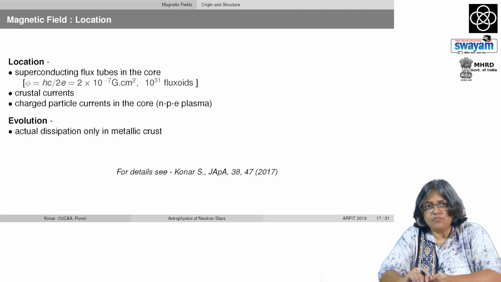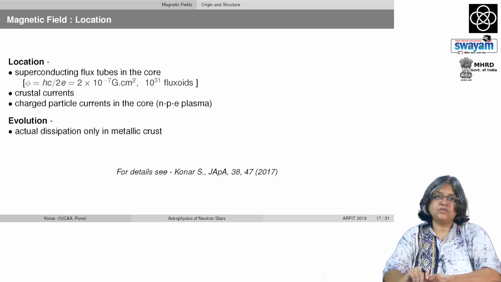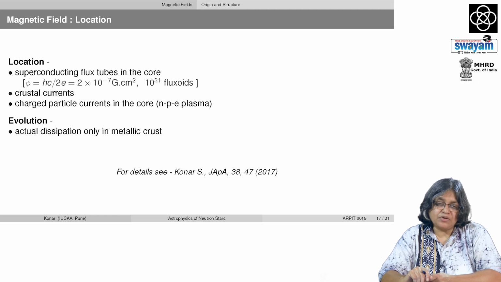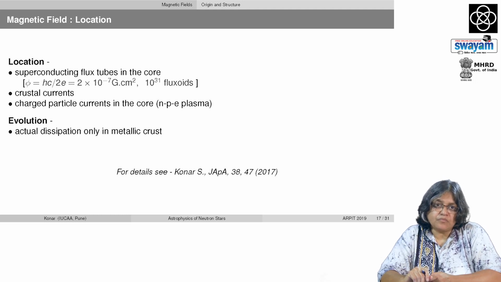Whatever may be the location of the magnetic field, one has to remember that the actual dissipation of the magnetic field happens only in the metallic crust, and this happens because magnetic field cannot be dissipated or changed if it is supported by superconducting flux tubes.